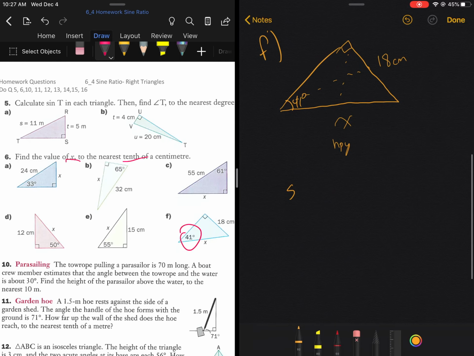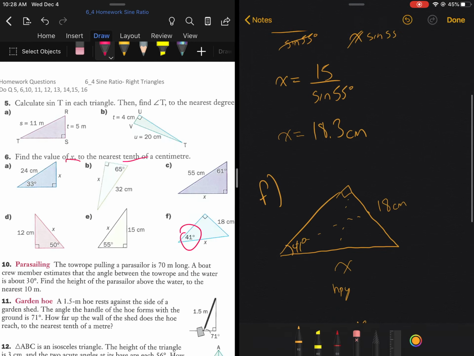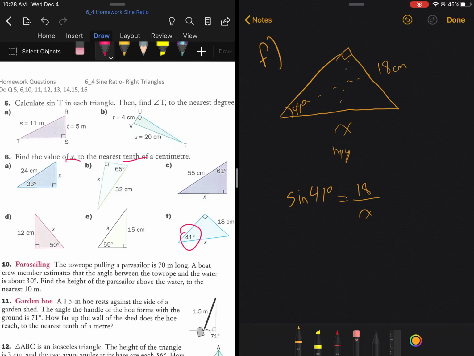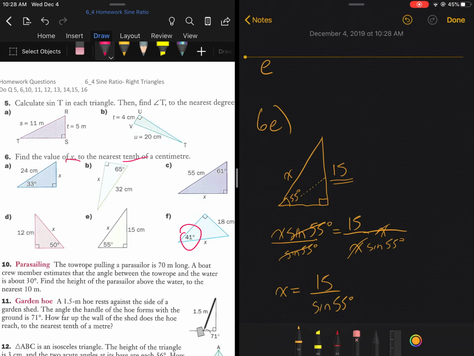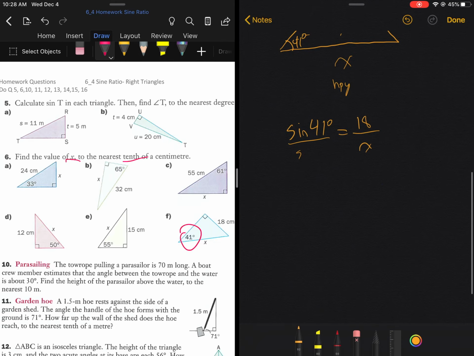So sine of 41 degrees equals opposite over hypotenuse. We can divide both by sine of 41, and we can multiply both sides by x as well.